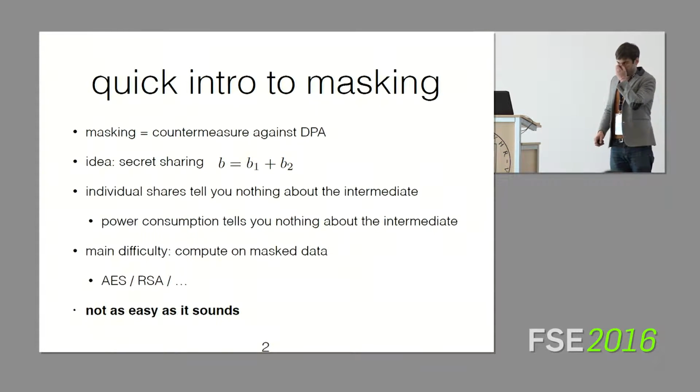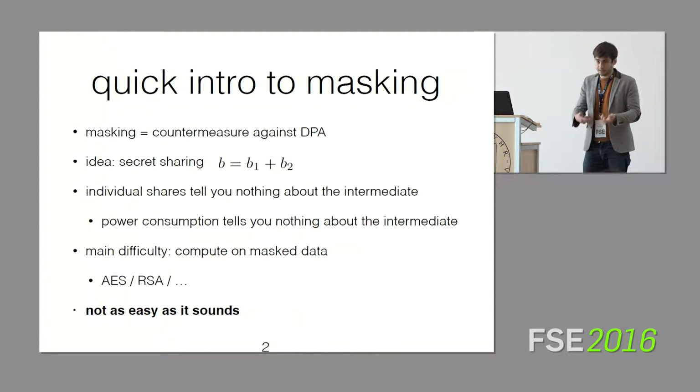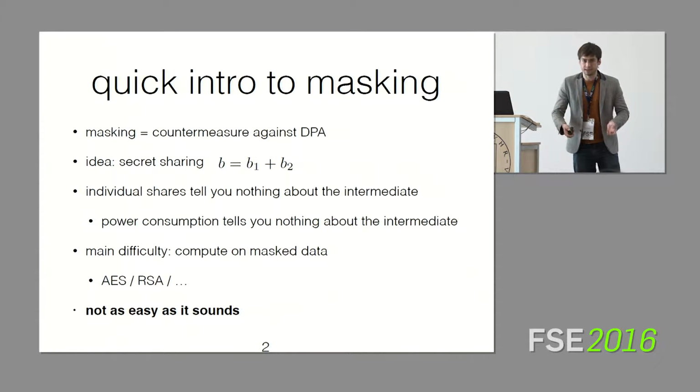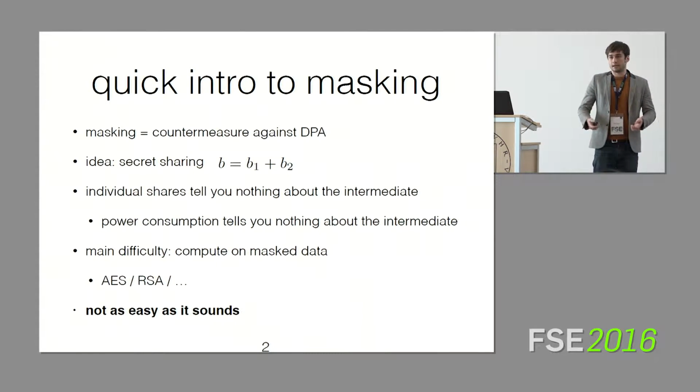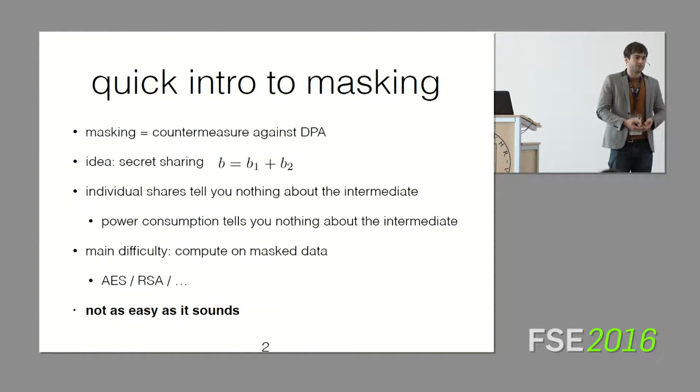You can see that this buys you some security because even if you give an adversary any of the two shares, he will learn nothing about the underlying secret B. You would have to give information about both shares in order for the adversary to learn something about B, right?